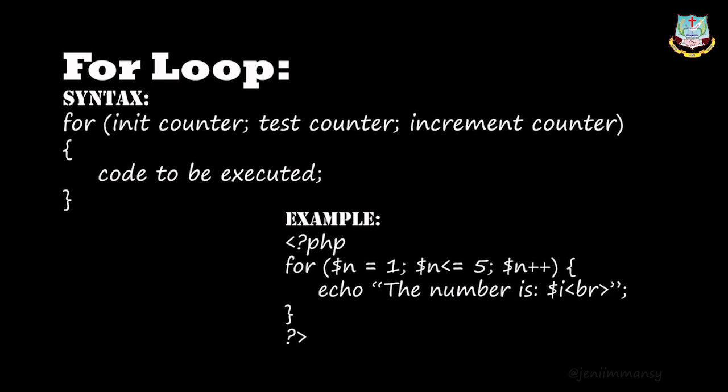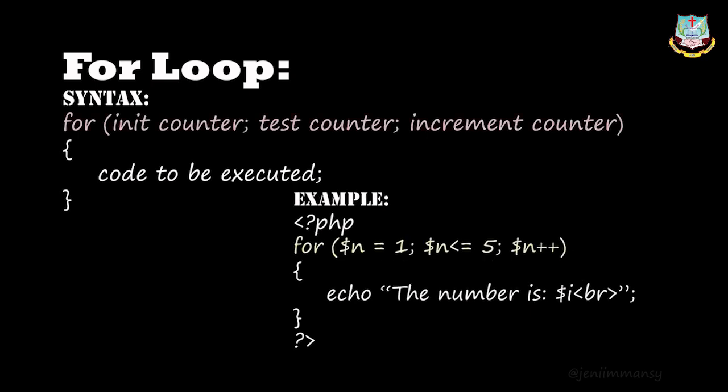Understood? First we have given the number as n is equal to 1, right? And it will process and check whether n is less than or equal to 5. That means if the number is 1, it will execute the code. Then if the number is 2, again it will check whether the number is less than or equal to 5, and again it will execute.